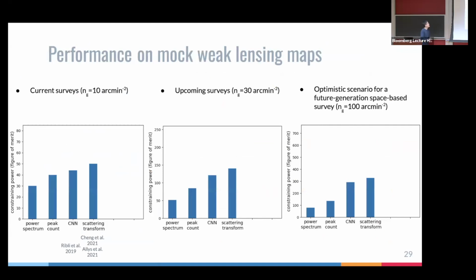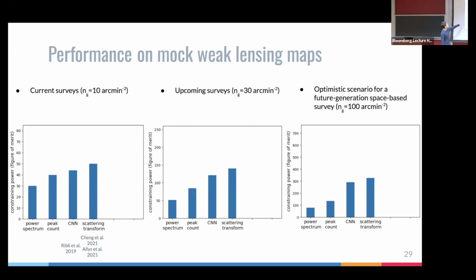So that is on the 2D dark matter density field. How about on some mock weak lensing data? Here I'm showing you the constraining power as quantified by the figure of merit for different statistics. Here we have the power spectrum and also the non-Gaussian statistics: peak count, CNN, and scattering transform, work done by Sihao here.